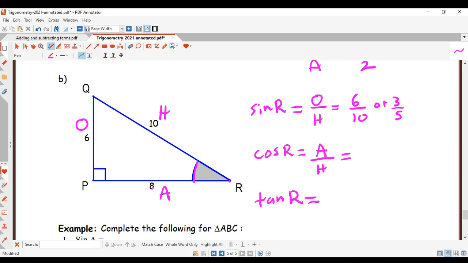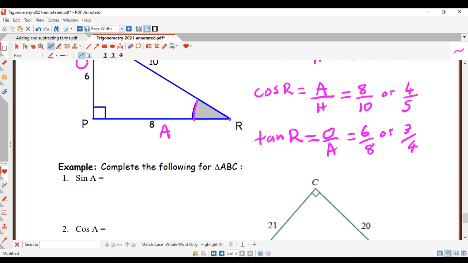The adjacent side is 8 and the hypotenuse is 10, so 8 over 10, or 4/5. And tan of r is the opposite side divided by the adjacent side, which is equal to 6 over 8, or you could simplify that to 3 over 4. Make sure that's all copied down, and then we're going to try this one.